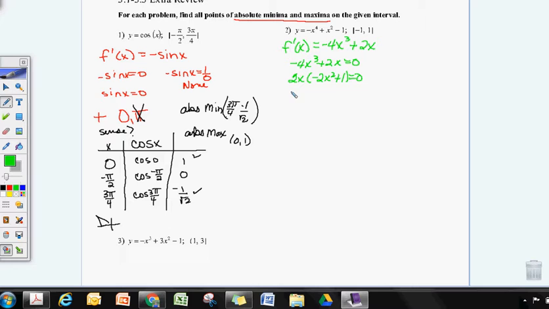Do some math. 2x equals 0, so you know that x is going to equal 0. And then negative 2x squared plus 1 equals 0, so x squared would equal positive 1/2. x would equal plus and minus the square root of 1/2, which is plus and minus 1 over root 2.